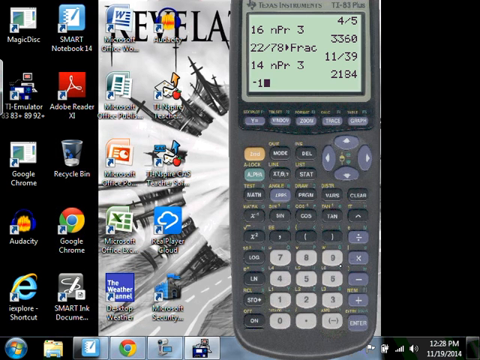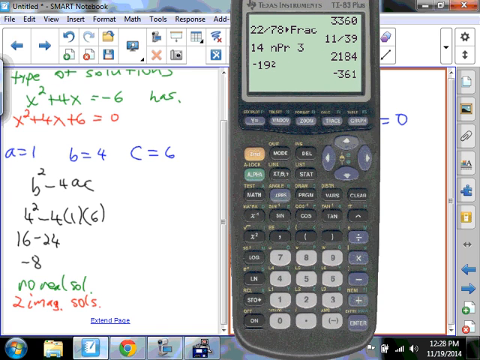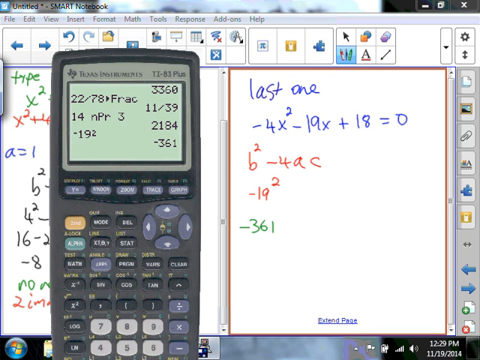So -19 squared gives me -361. So I reckon this should be -361, right? Oh, I've got to put it in parentheses, because no matter what, if I square anything, it's going to become positive. But the calculator said it's negative. The calculator's wrong, I didn't use it right.